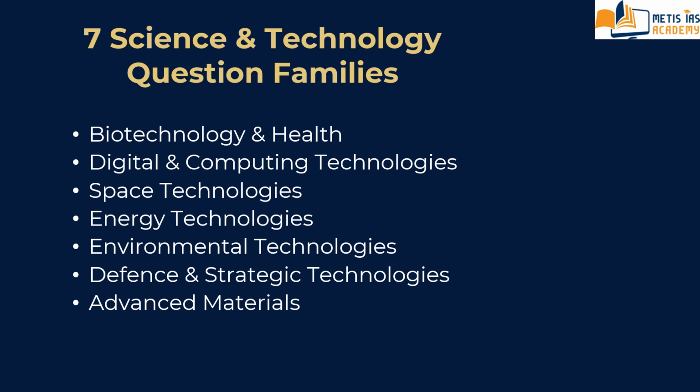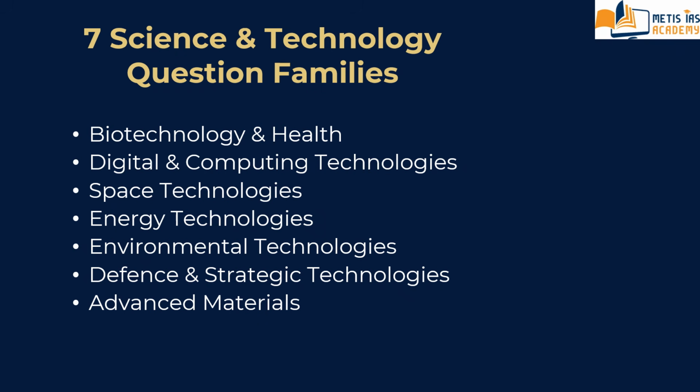So, what are the families? One is biotechnology and health. Second, digital and computing technologies. Third is space technologies. Fourth is energy technologies. Fifth, environmental technologies. Sixth is defense and strategic technologies.